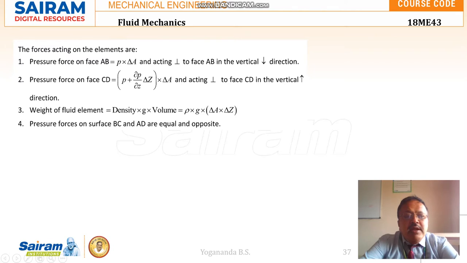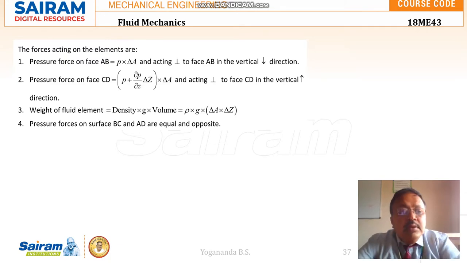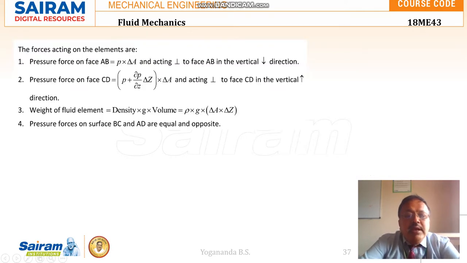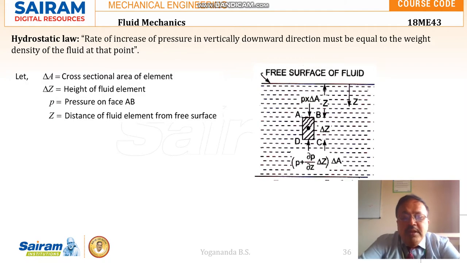Now the forces acting on the fluid element. The pressure force on the face AB is P into delta A, acting perpendicular to the face AB in the vertical downward direction. Now, the upward thrust by the surrounding fluid is P plus del P by del Z of dz multiplied by the area of the element.